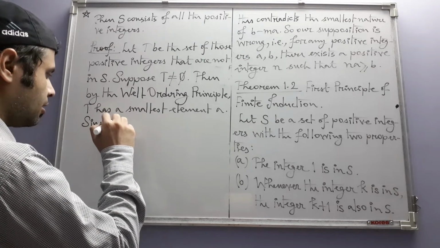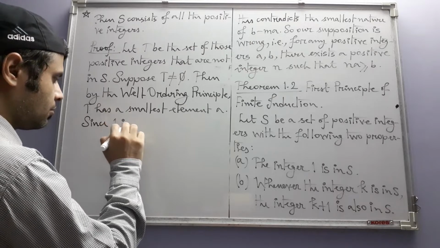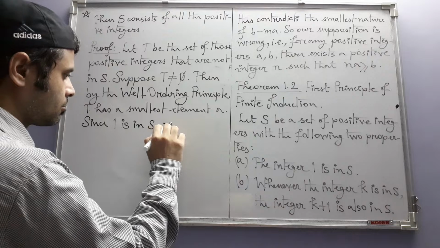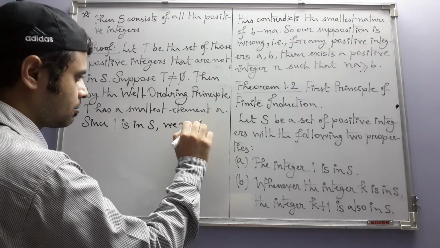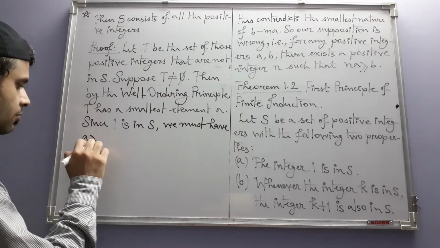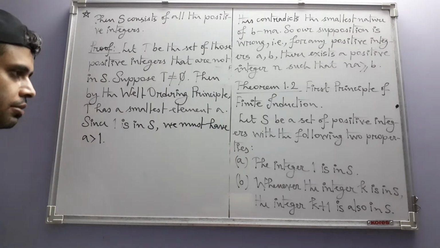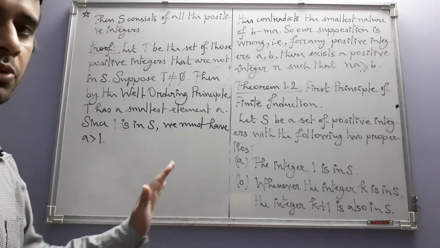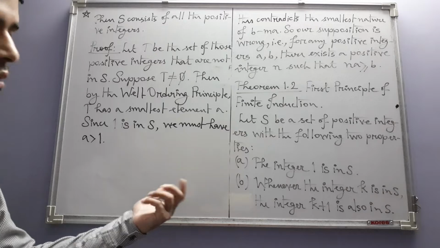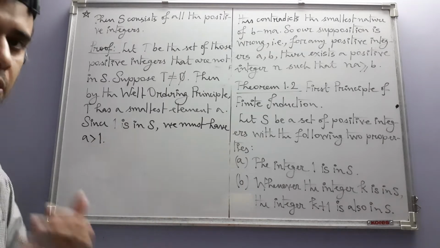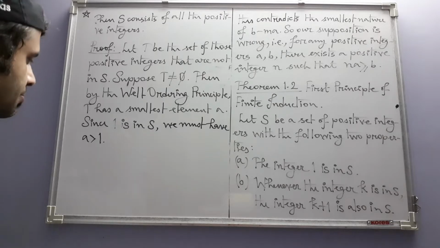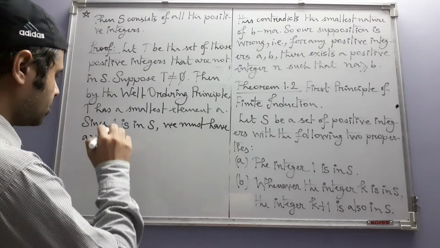So since 1 is in S, we must have A greater than 1 because 1 is the smallest positive integer and A is some positive integer that cannot be equal to 1 because A is not in S and 1 is in S. Okay, so A is greater than 1.